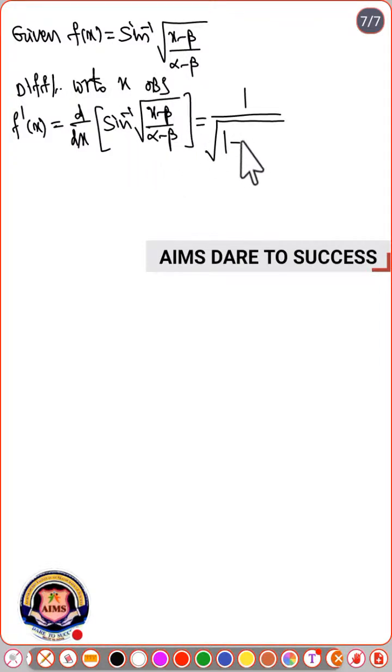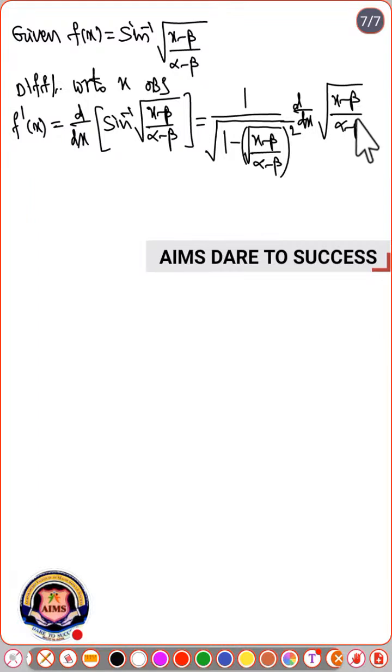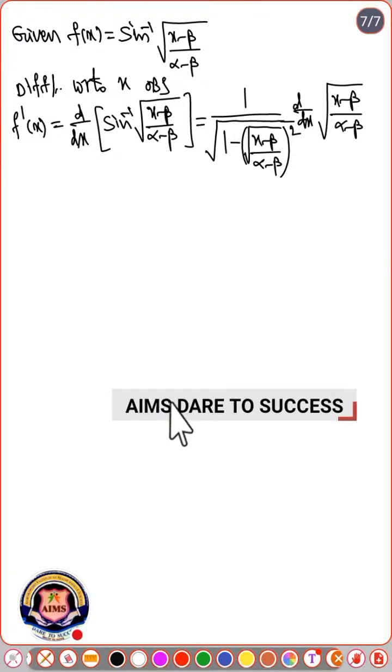X means total with root x minus beta by alpha minus beta whole square. After that, into d by dx of root x minus beta by alpha minus beta, because this looks like x but not exactly x.